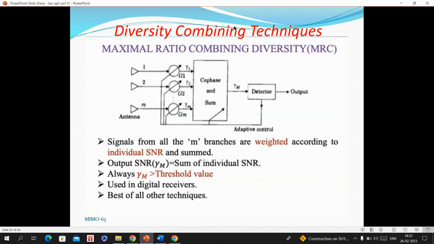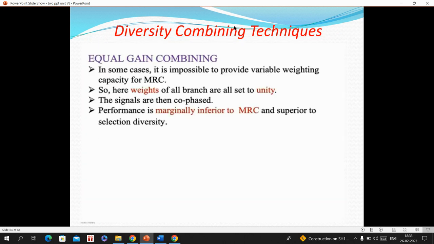If we combine the signals, they may produce either constructive or destructive interference. Here we set all unity weights so that all the signals are co-phased, so there is a higher possibility of constructive interference. The performance of equal gain combining is marginally inferior compared to the MRC technique.